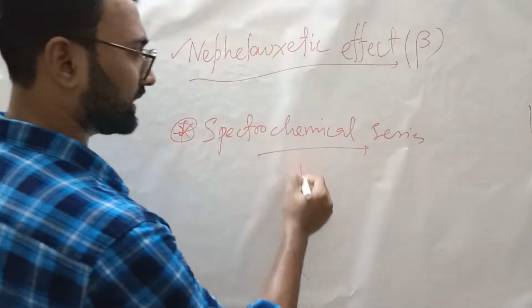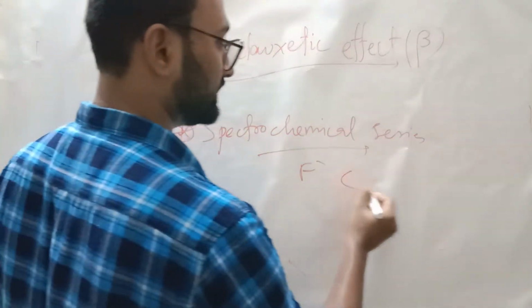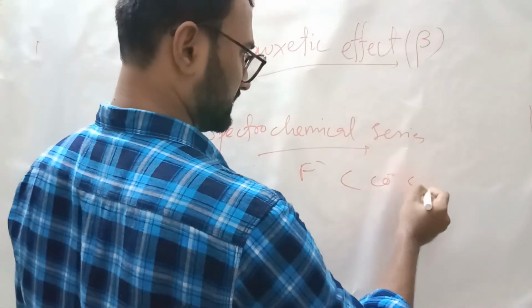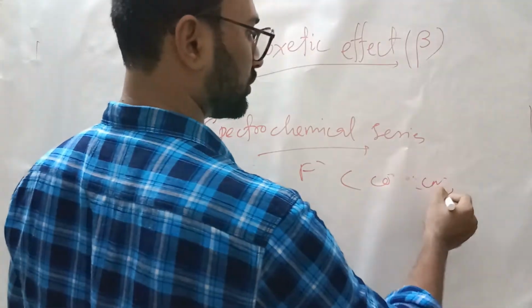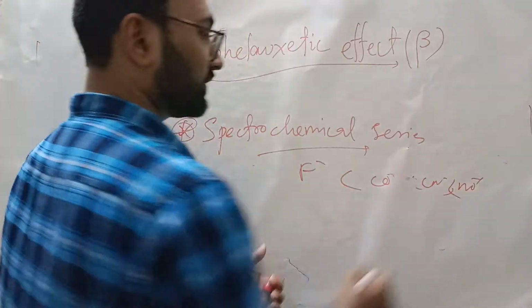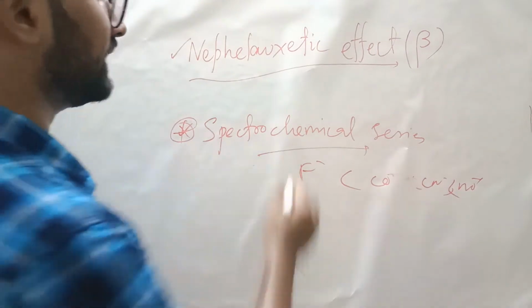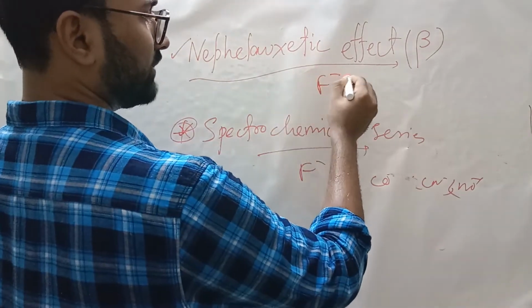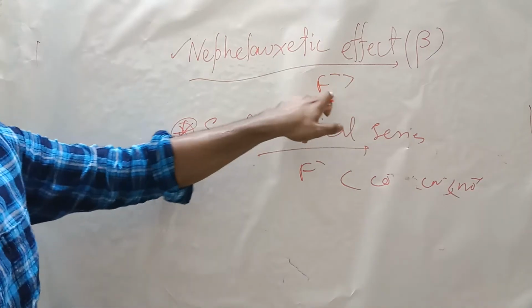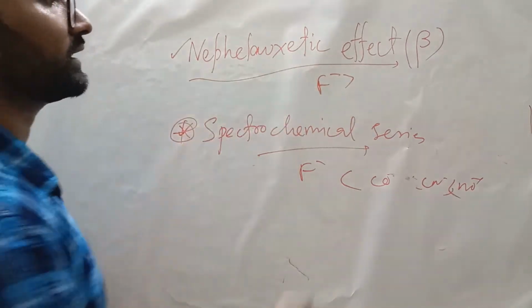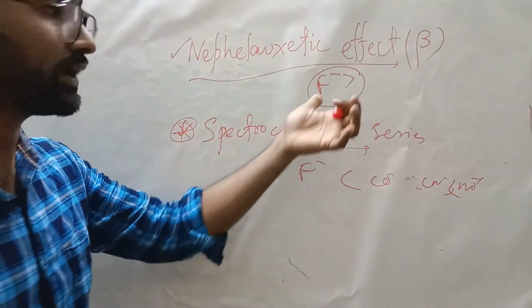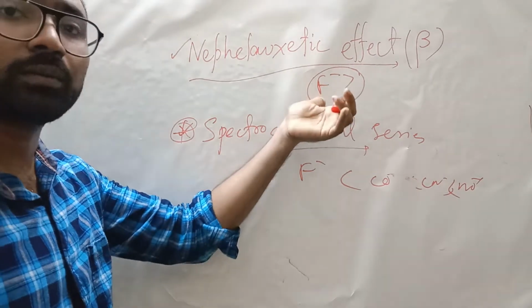F minus is a weak field ligand, and ligands like CO and Cl minus are strong field ligands. But for the beta value, F minus has the highest value because F is less polarizable and cannot accommodate more electrons.